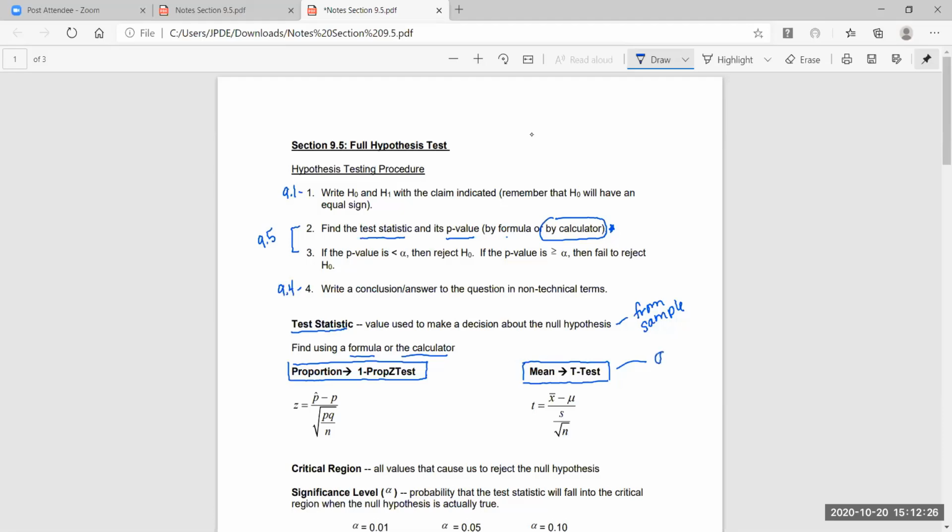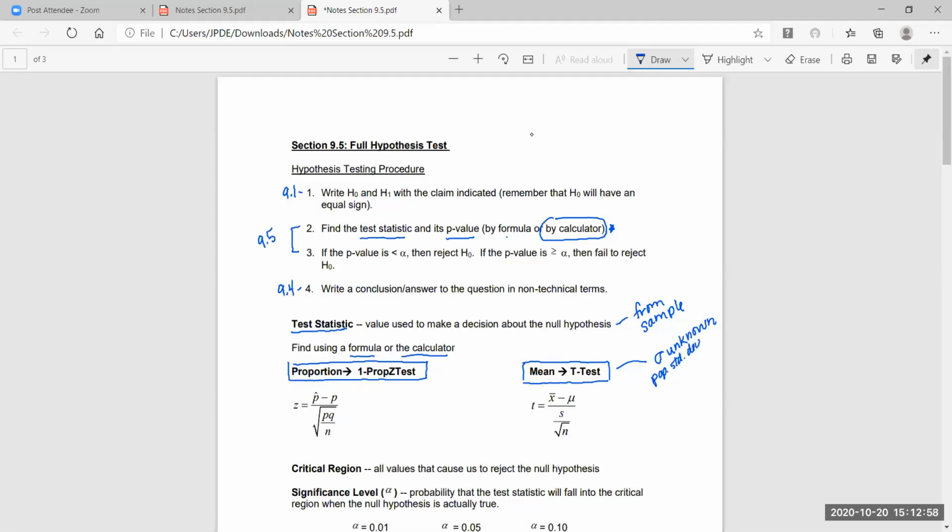In order to do those tests, you need to know the population standard deviation, which is very uncommon, realistically, to know, especially since you don't know your mean. So in all of the problems we're going to work on, sigma, the population standard deviation, will be unknown.